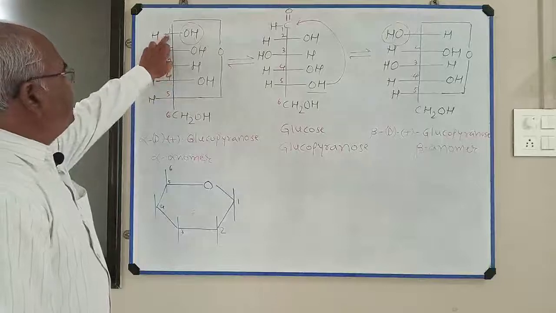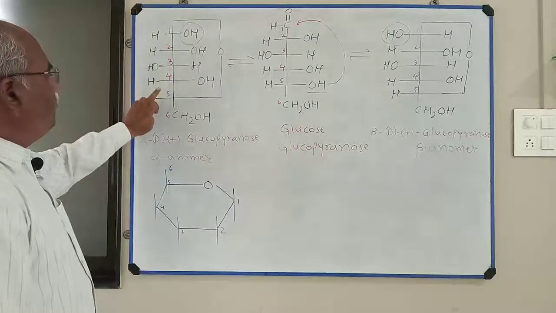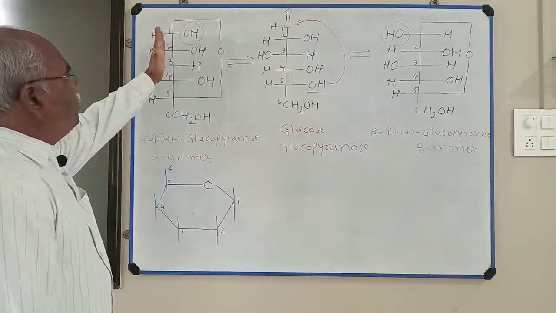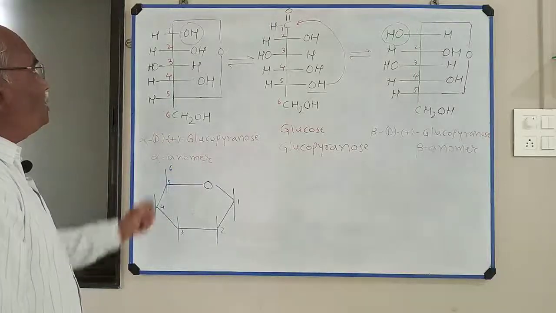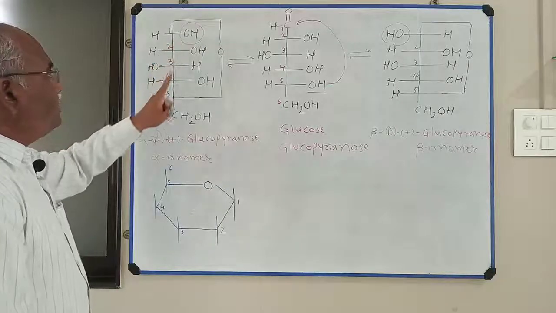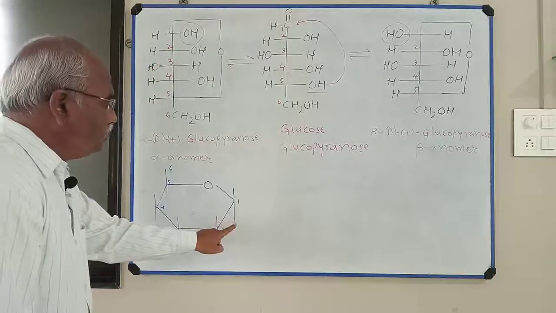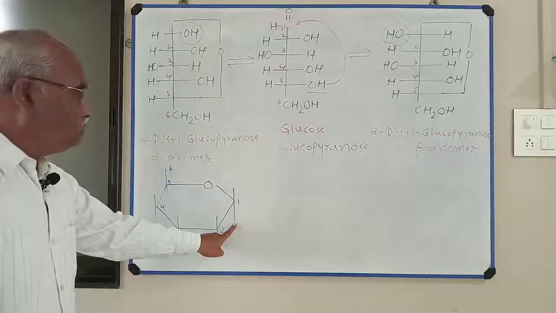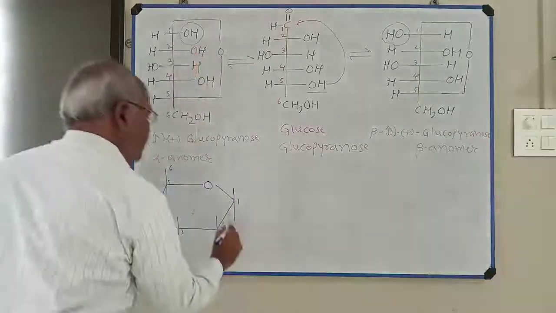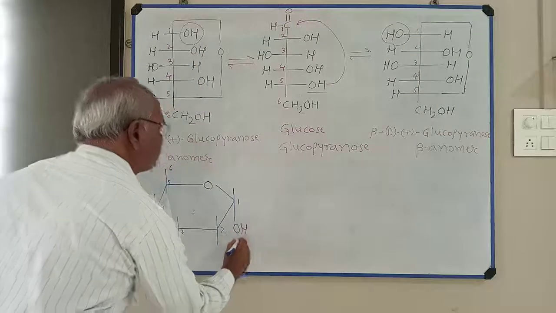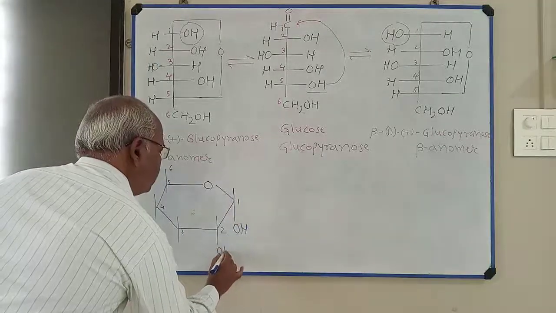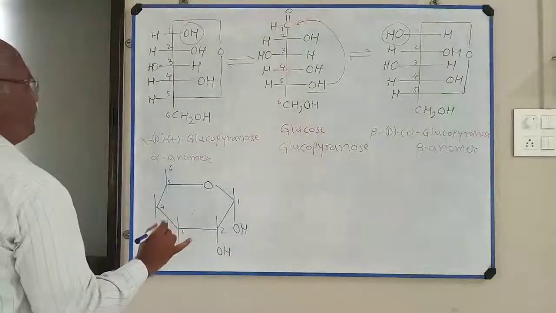The groups which are present on the right hand side are shown downwards. So therefore at 1 carbon I represent OH. At second carbon the OH, at the lower side I am representing.